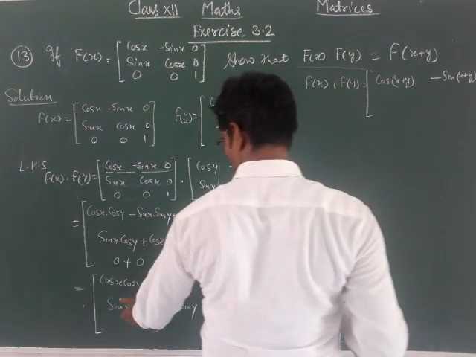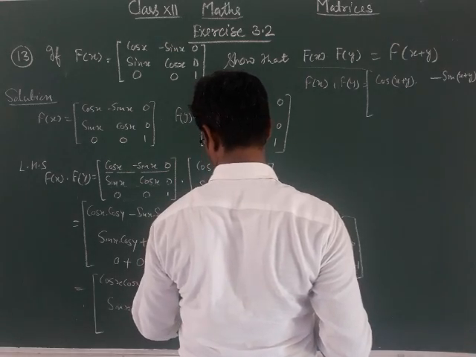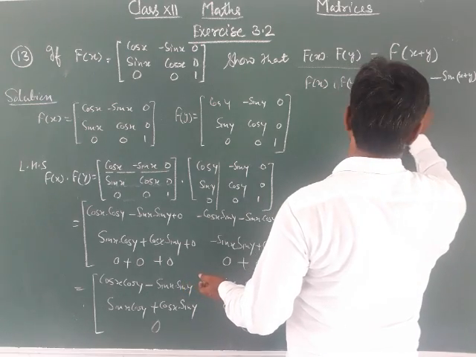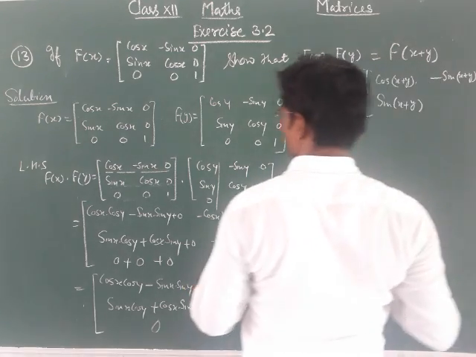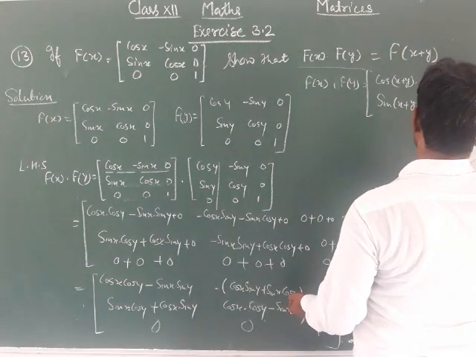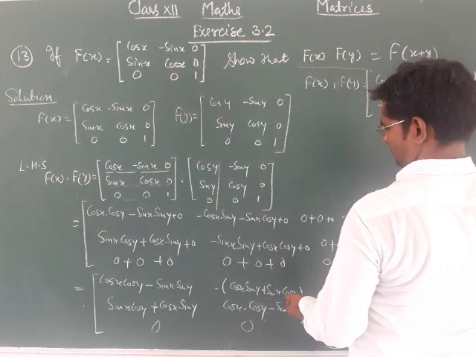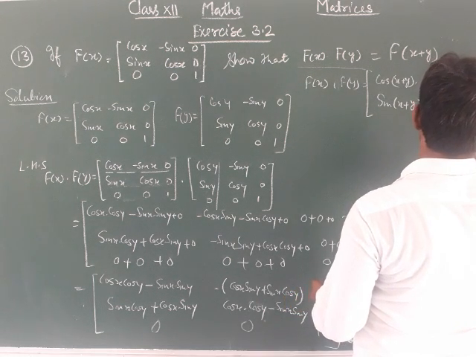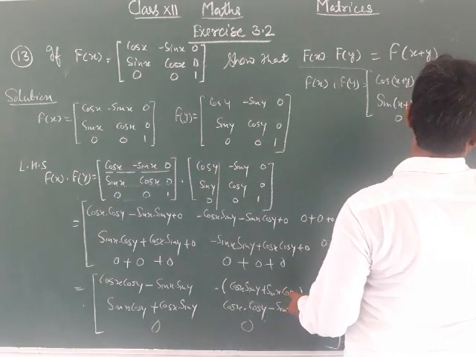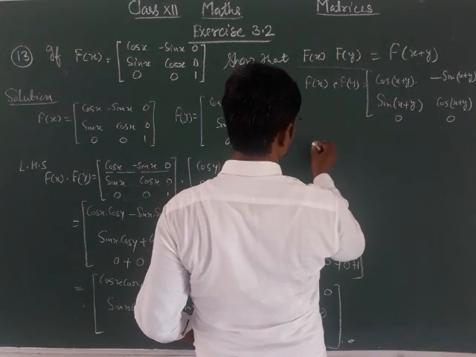And also sin x cos y plus cos x sin y, this is sin(x plus y), and also cos x cos y minus sin x sin y, this is cos(x plus y), and this is 0 and 0, 0, 0, 1. This is the matrix.